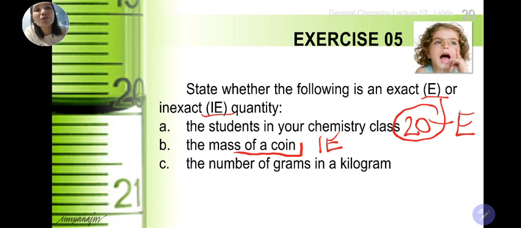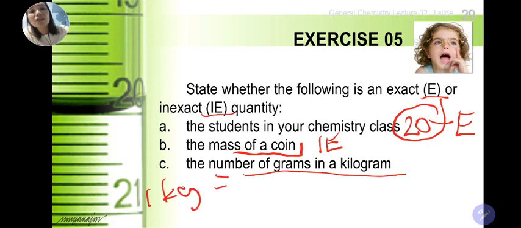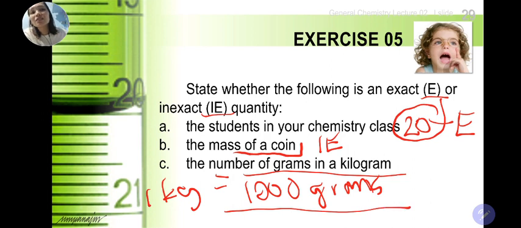Next, the number of grams in a kilogram. So we all know, it is known that 1 kilogram is equivalent to 1,000 grams. 1,000 grams in this situation is an exact quantity. Kasi alam natin na for every kilogram, there is always 1,000 grams.